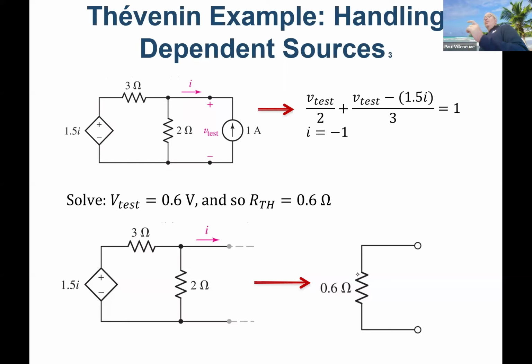If you don't want to measure, you can measure the open circuit voltage. Sometimes that'll work, sometimes it doesn't, but you can always put a test source in there and do it, especially if you have dependent sources. If you have dependent sources and those controlling variables are based on your load, you would need to put a test source in there, as long as you don't exceed the capability of the piece of equipment that you have.